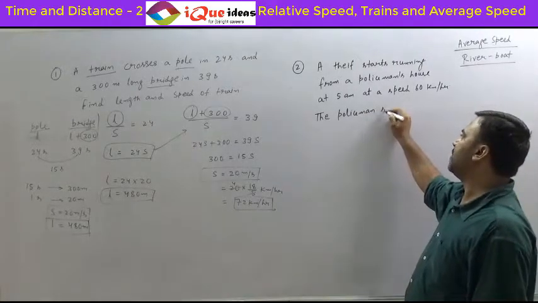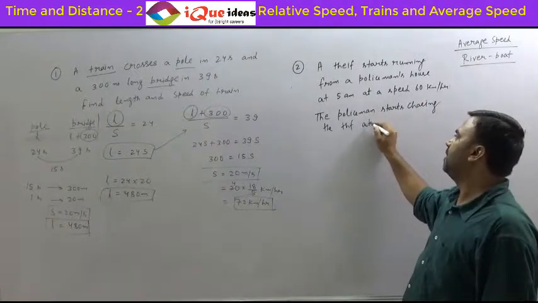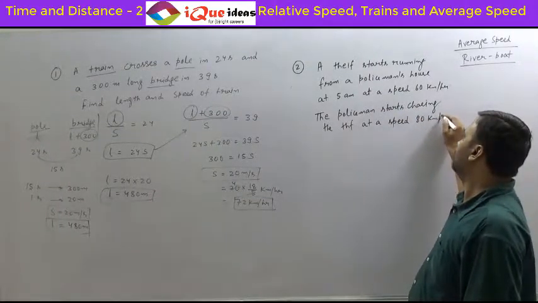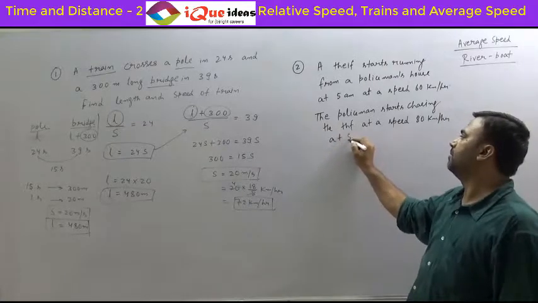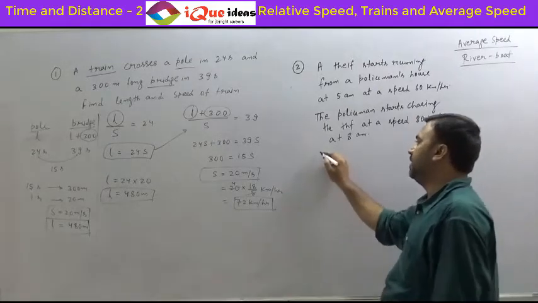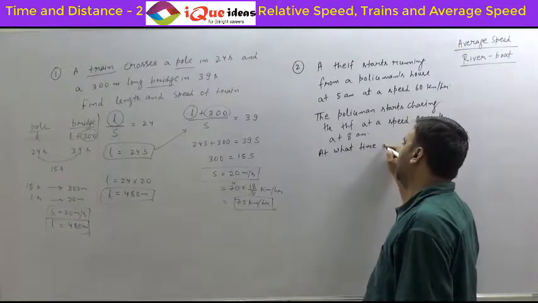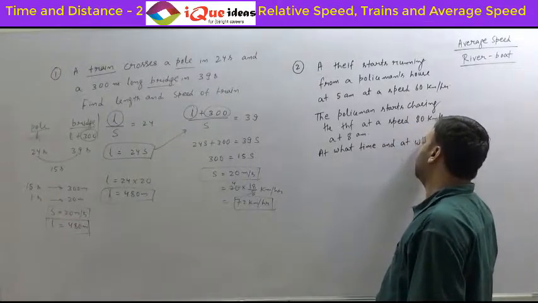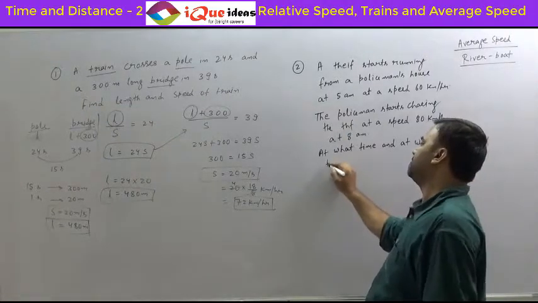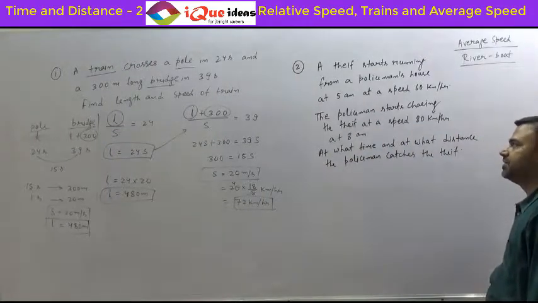So the policeman starts chasing the thief at a speed of 80 kilometers per hour at 8 a.m. So the policeman starts at 8 a.m. The thief has already started at 5 a.m. The question is, at what time and at what distance the policeman catches the thief? What time and at what distance the policeman catches the thief.